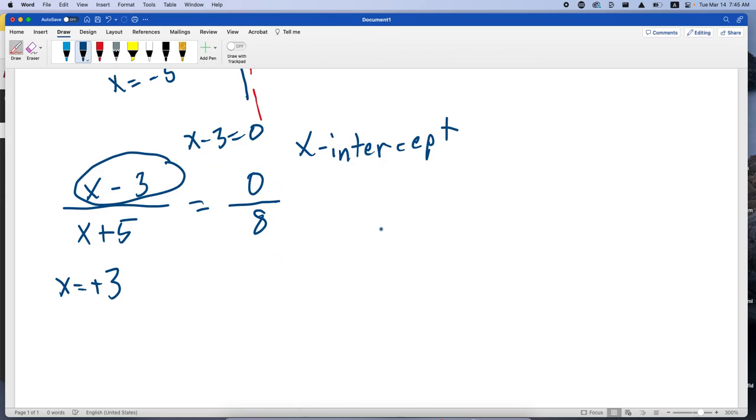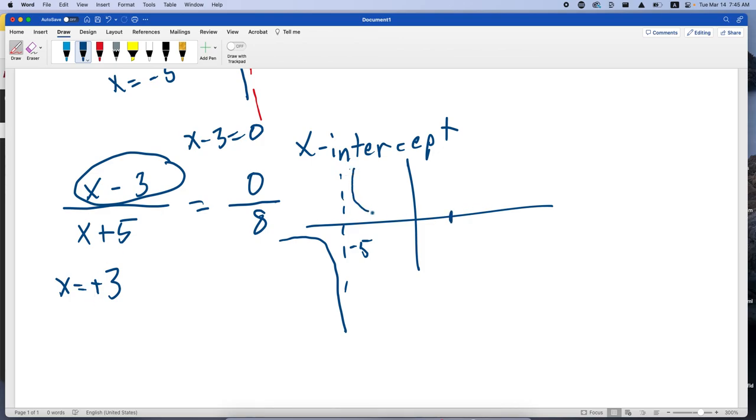That's an x-intercept. Okay, so what we know on this one, we'll have an asymptote at -5, so we might get something like this, and then we're going to get it to cross at positive 3, so over here, so we might get something like that. I don't know the exact graph, but we do know it's going to cross at positive 3, so that gives us an x-intercept. Okay, so when the top is 0, x-intercept.